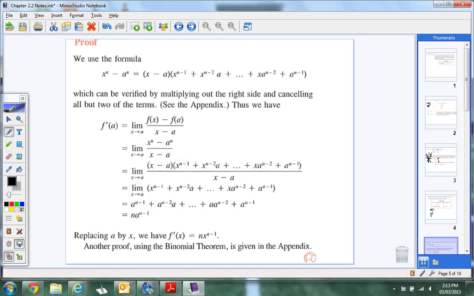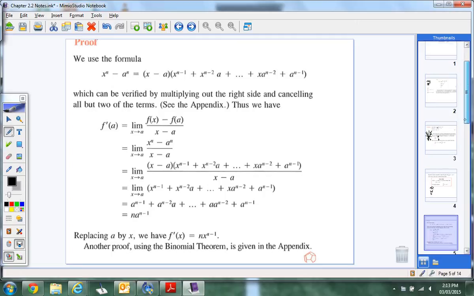Everything's going to cancel except for the previous term. So what you're left with is simply the previous term all the time. That's why we do the n minus 1. Without going through it being super complicated, when you're evaluating these, the x minus a's will cancel, and you're looking at the previous term every time. That's where the power rule comes from.